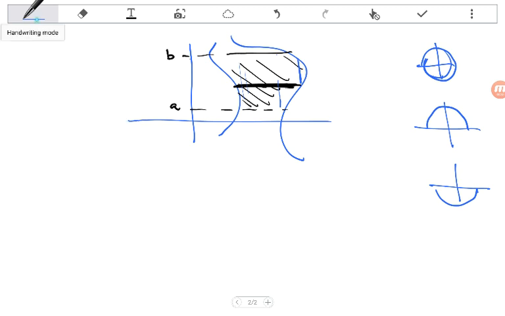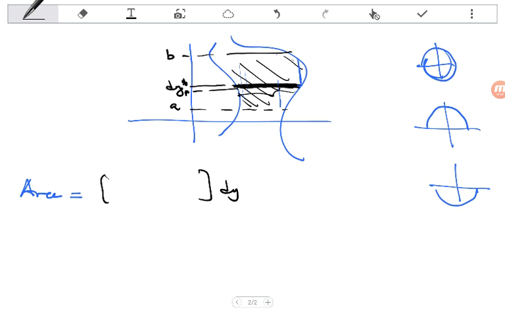Now, what would be the law for the area here? If we understood the basic concept, what is the base of this strip? What is the length of its base? It is now dy, multiplied by the height of this strip.